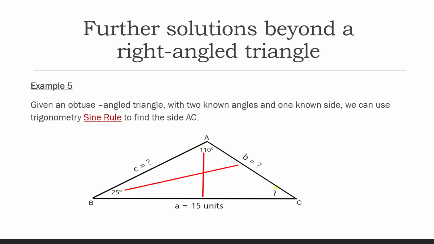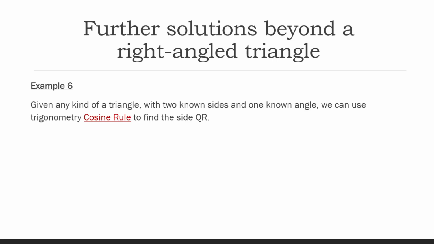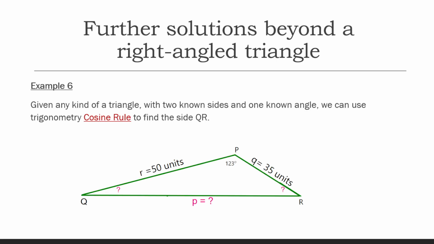In this case, we can apply what is called the sine rule to determine the other 2 unknown sides. In the same manner, we can be given a triangle with 2 known sides and 1 known angle, and this triangle is not a right angle triangle. We can use what is called the cosine rule to determine the side QR and the remaining 2 angles of the triangle.